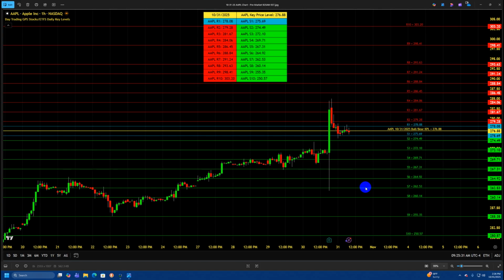So this works on chart time frames from 1 minute to 1 hour, whereas the SPX Daily Key Levels indicator only works on chart time frames of 1 minute to 30 minutes.